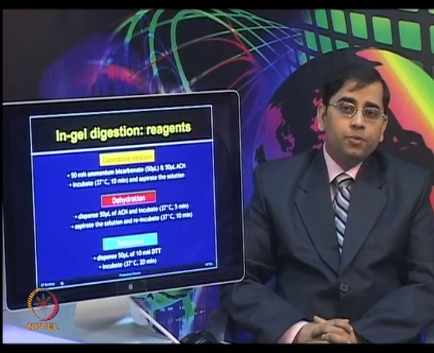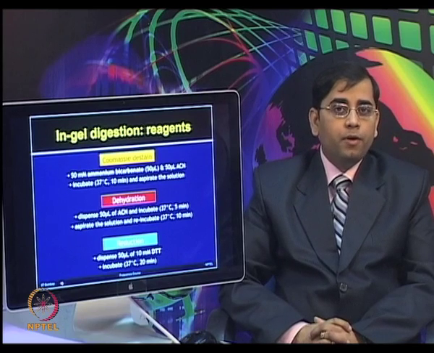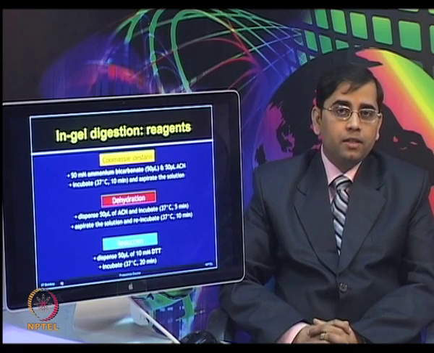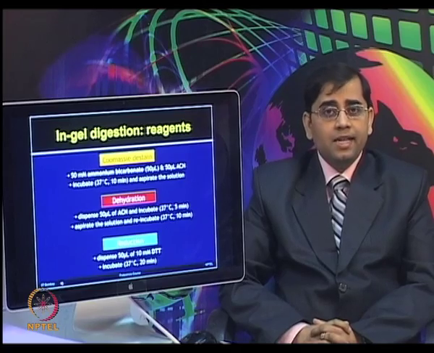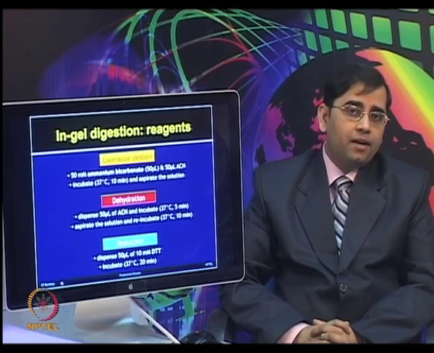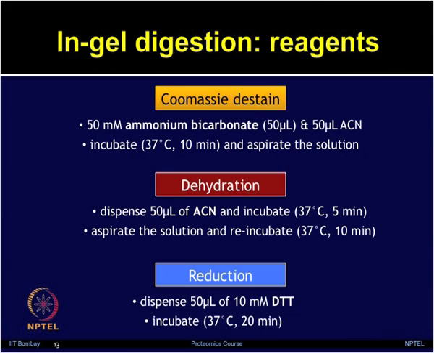So, this slide gives you the recipe for performing in-gel digestion. The first step is the de-staining of the spots or the band, because you have stained the gels with Coomassie brilliant blue or some other stains, and first of all you would like to remove the stains. Stain removal is essential prior to the mass spectrometric analysis.